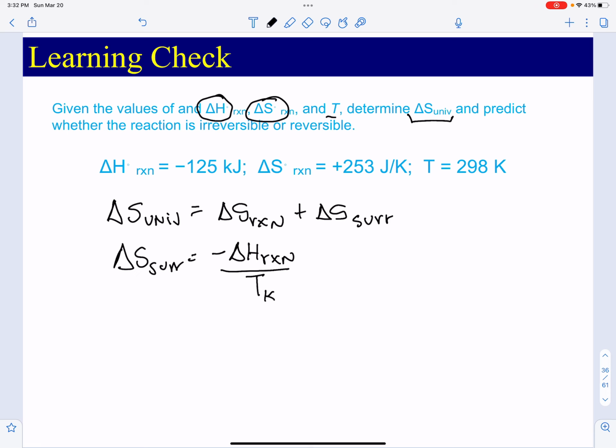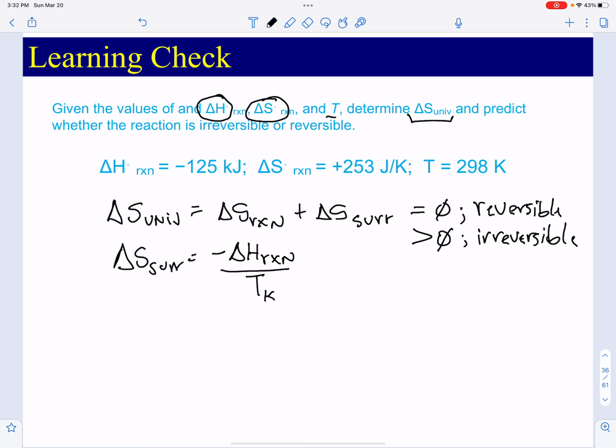And we know that if the delta S of the universe equals 0, then it's reversible. If it's bigger than 0, then it's irreversible. So let's see what we have. Delta S of the universe is going to equal delta S of the system, which is the reaction.